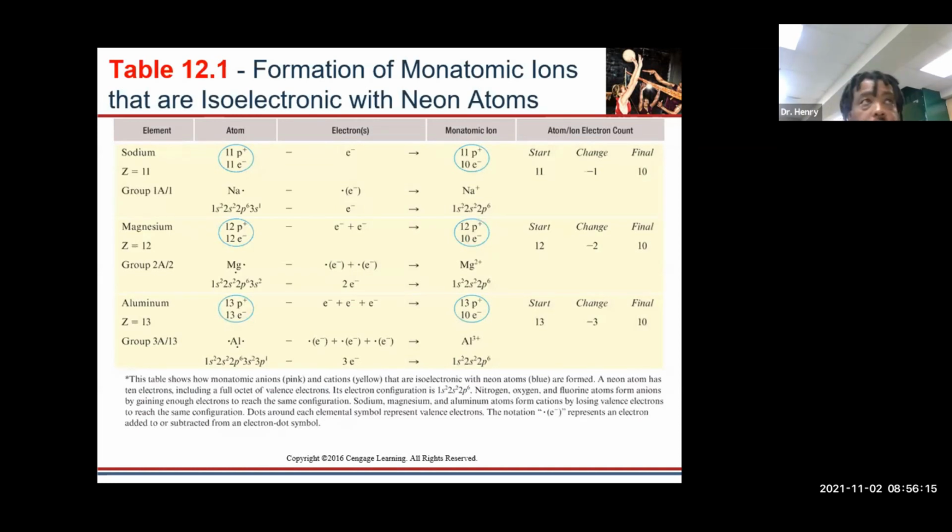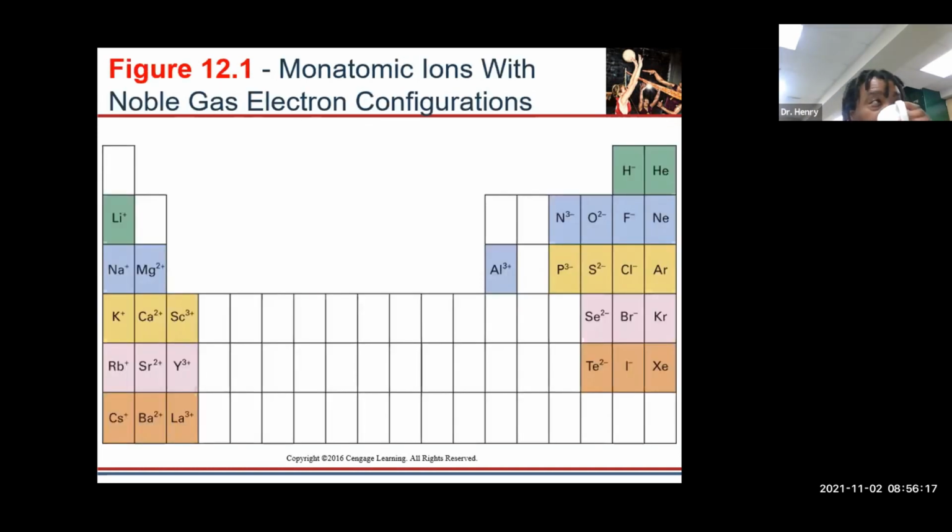Okay, so this here is basically showing you which monoatomic ions are isoelectronic to what. They're based upon colors. So if you take a look at hydrogen, hydrogen becomes isoelectronic to helium if it gains 1 electron, where lithium becomes isoelectronic to helium if it loses 1 electron. All the ones here in blue, these guys are all going to be isoelectronic to neon.